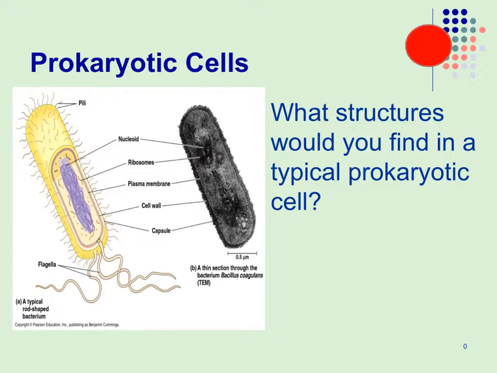Notice again, ribosomes, and they have their DNA floating around here in the cytoplasm. Those are basically the structures that we see in a prokaryotic cell, and we call this a nucleoid, which is just basically the area that contains their DNA, and you can see it here as a single little circular strand of DNA.